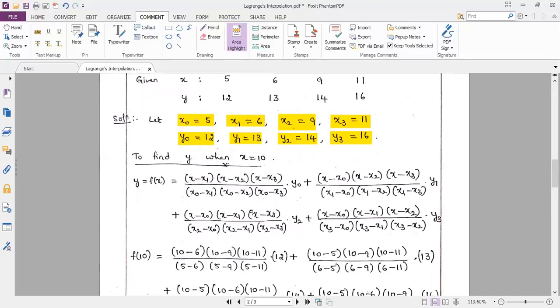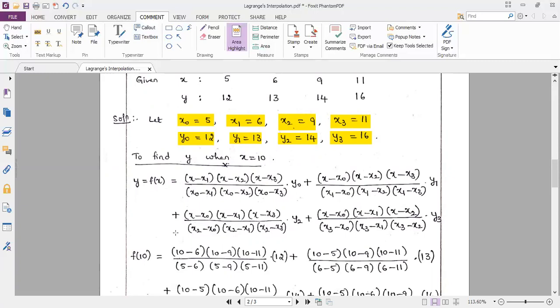In the third term, x2 is skipped from the numerator, so each of the denominators should be subtracted from x2. And in the last term, x3 is missing in the numerator, so each and every term in the denominator should be subtracted from x3. So that's the easy way of remembering the formula.